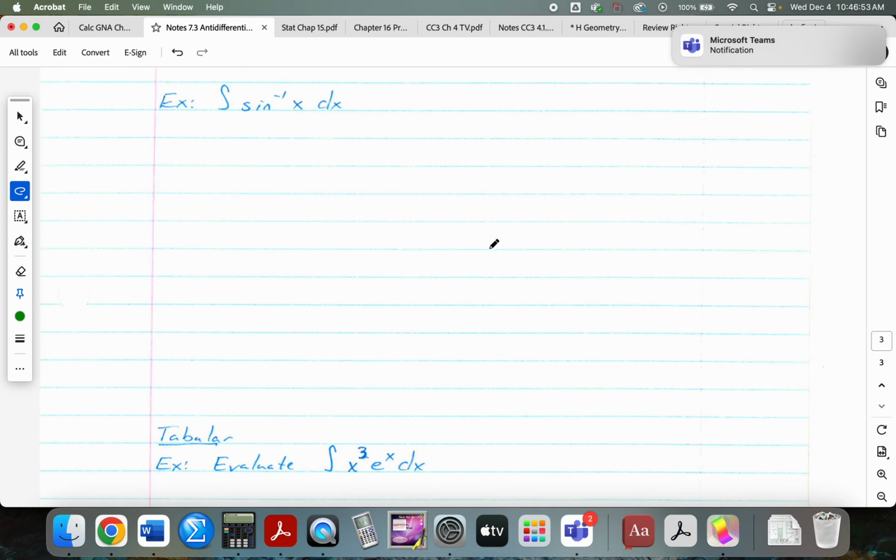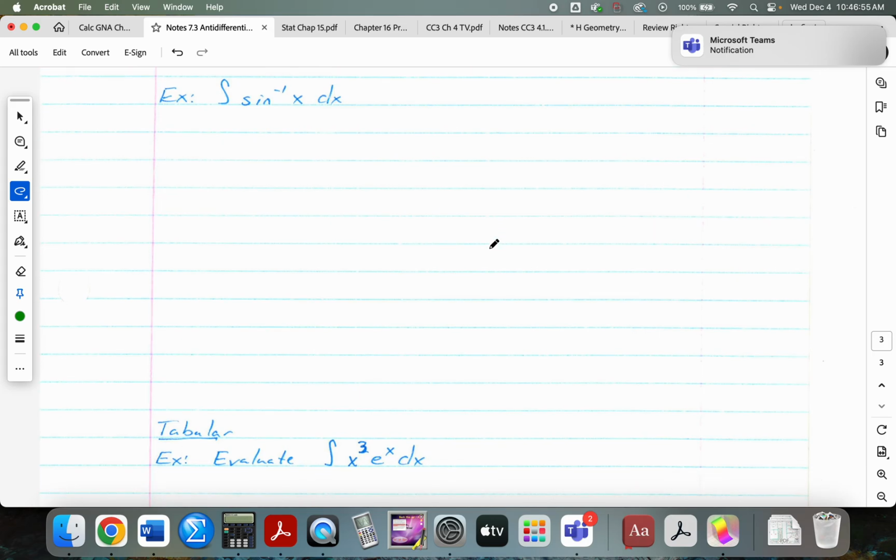All right, let's do this one. And you're like, okay, is this the same thing? Yes, it is. We're going to let u be equal to the sine inverse of x. And dv be everything else, which is just dx. Then du is 1 over the square root of 1 minus x squared dx.